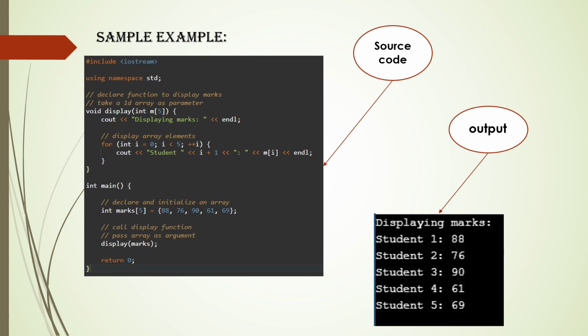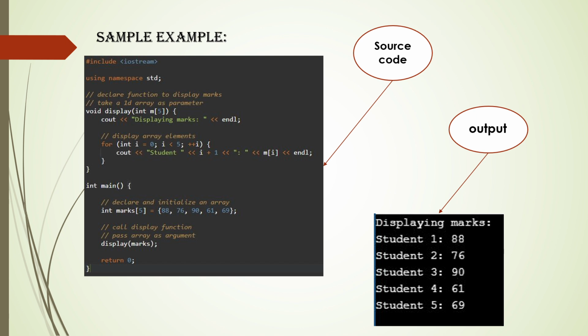In the main function, I have initialized one array named marks and assigned values in it. Then I have called the function display, passing that array marks as the argument. So this array will be assigned to the array we mentioned while declaring the function, and the function will display the elements stored in the array. See the output part. So now we have completed this topic.